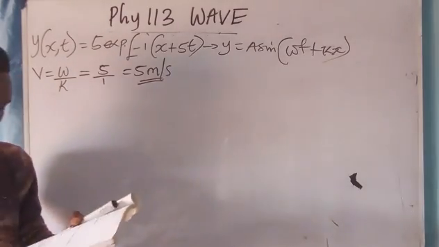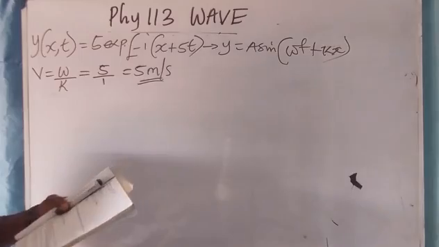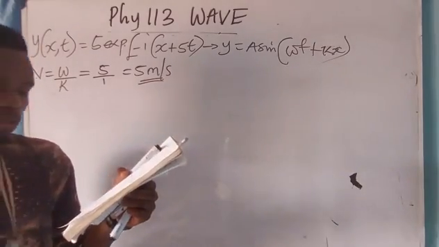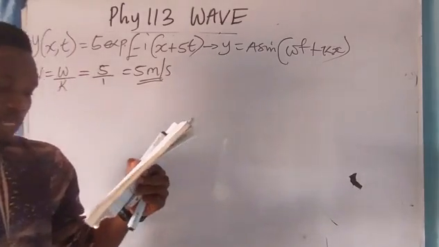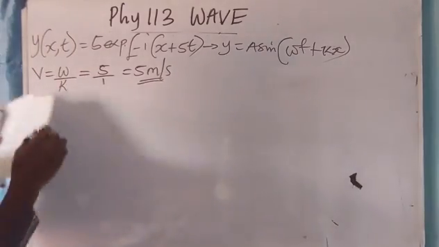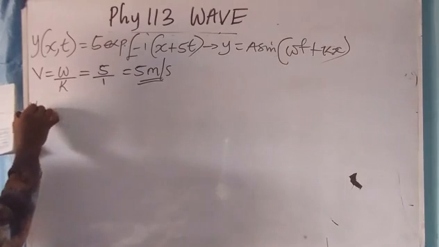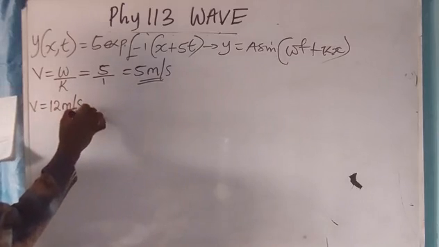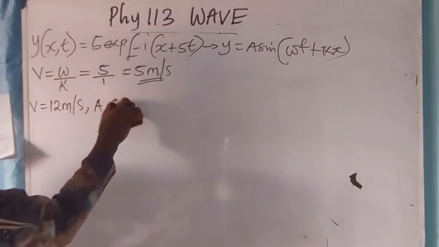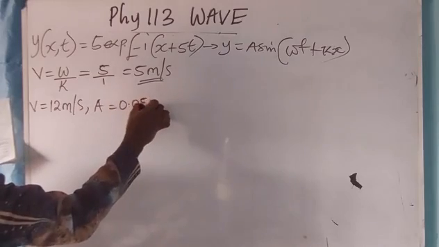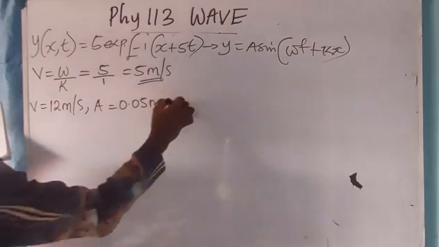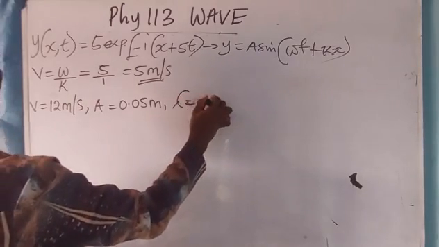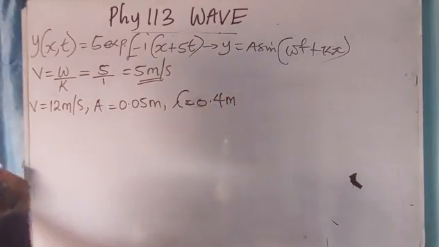Very, very easy. Now number 3, they said transverse waves on a string have wave speed of 12 meters per second, amplitude of 0.05 meter, and wavelength 0.4 meter.